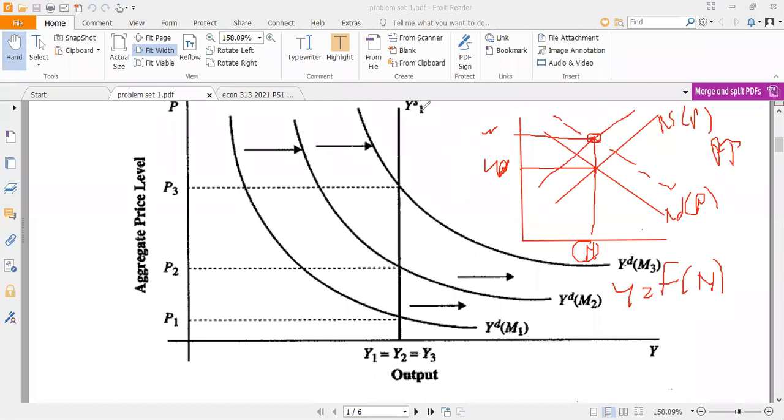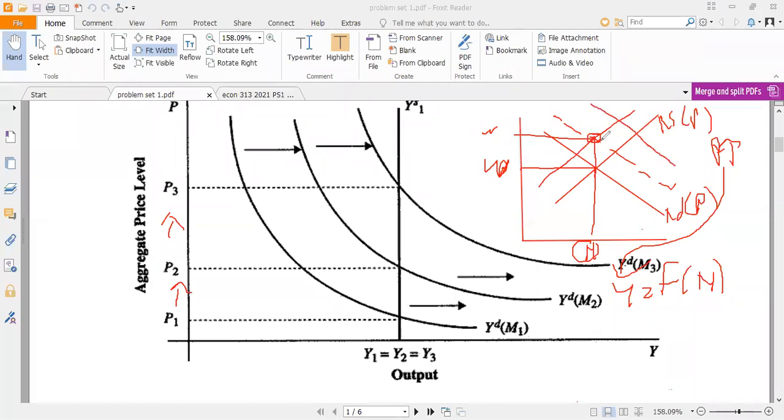And the AS curve gives the relationship between price and Y. So price has changed, but there's no change in Y. So if price should increase from P1 to P2, Y will still be constant. If we try to increase price again, this same thing will happen again.